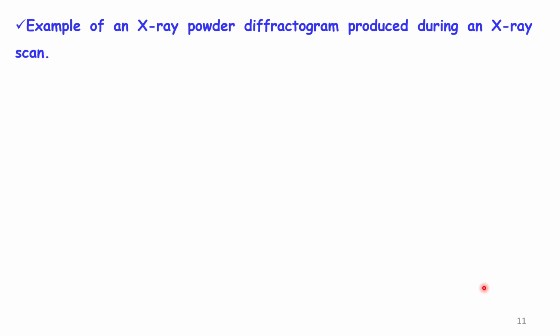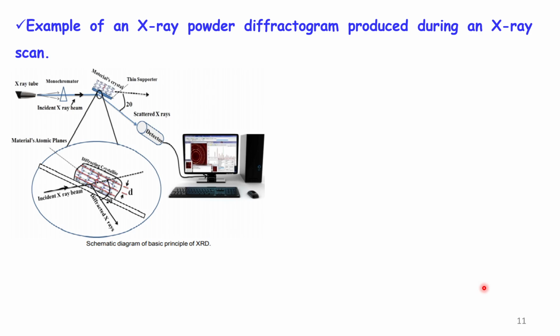Now we are going to see an example of the X-ray powder diffraction produced during the X-ray scan. See here, this is the schematic representation of the X-ray powder diffractometer. This is the X-ray tube, this is the monochromator, and this is the powder material.